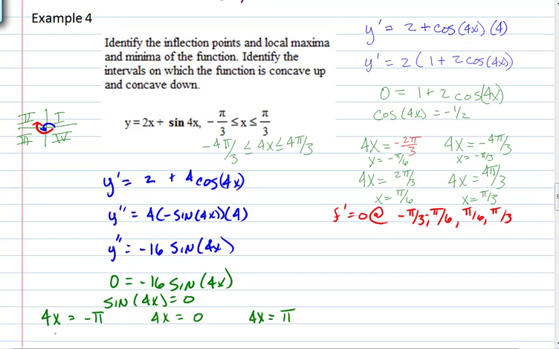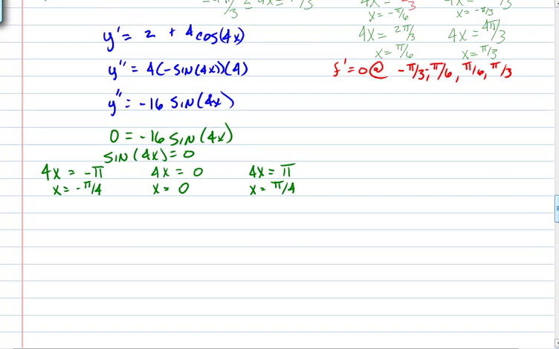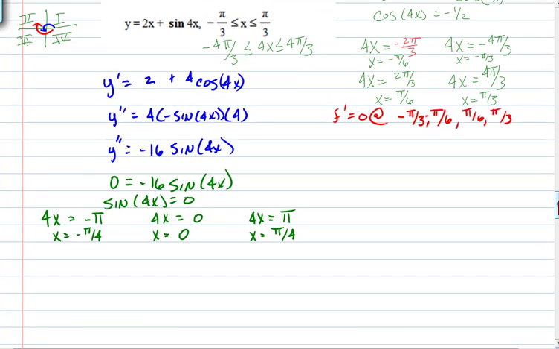So this is going to be x equals negative pi over 4, x equals 0, and x equals positive pi over 4. Good gravy.